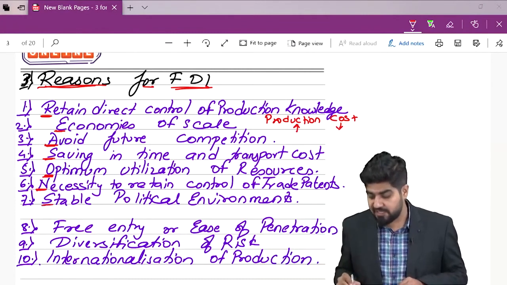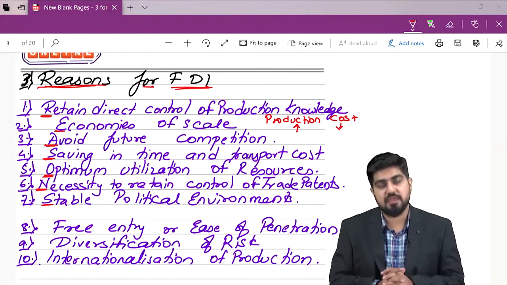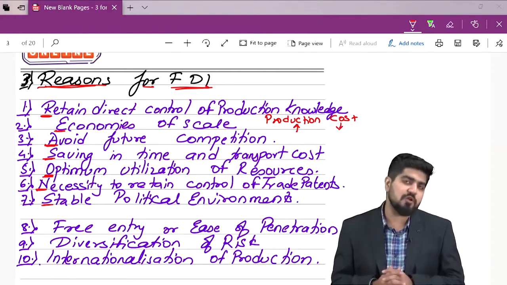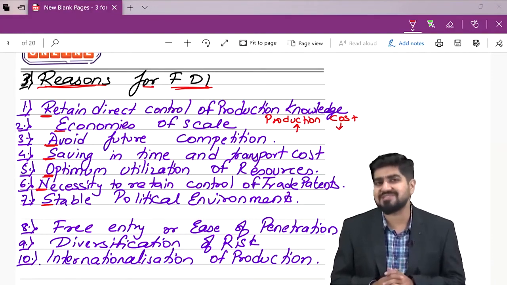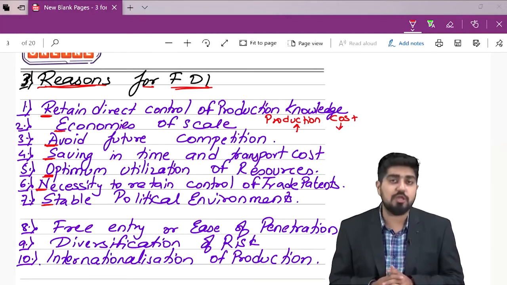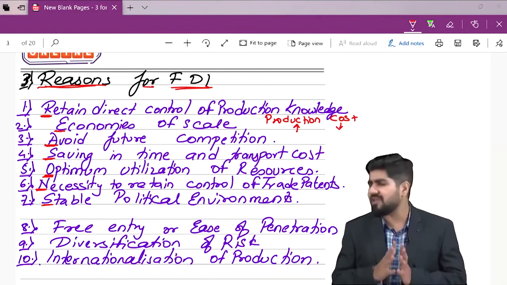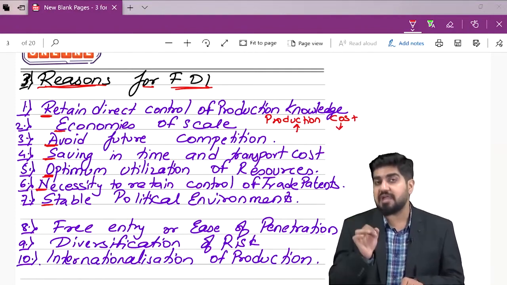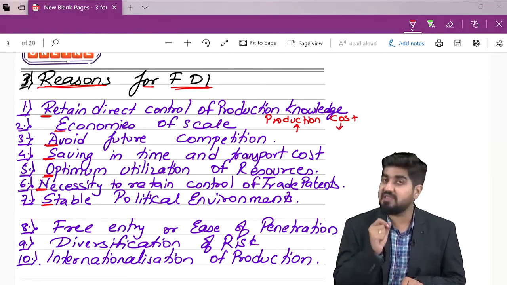Next, let's suppose we have a stable political environment in the country, then we will attract more FDI. But if there is a lot of instability in politics, investors will not be interested in investing. So one of the major reasons why investors invest in our country or in any other country for that matter is the stability and the promises given by the politicians and the leaders here.